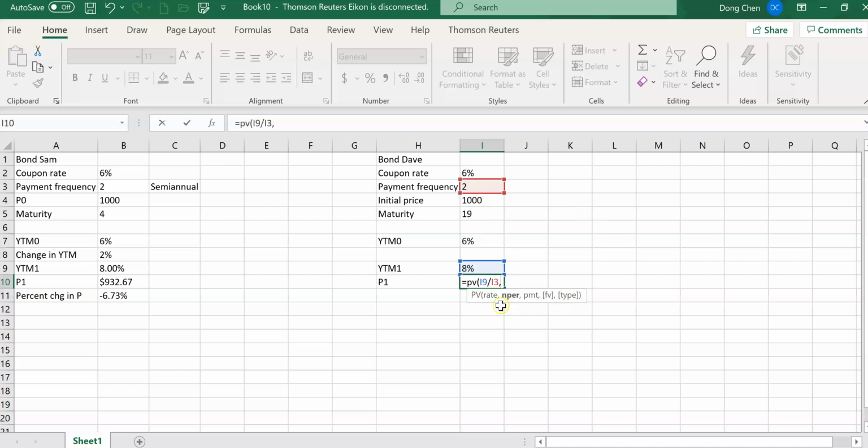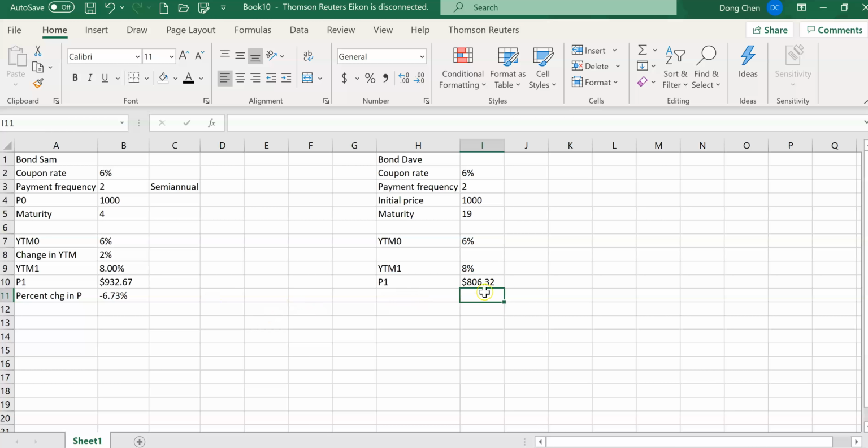And the second argument is the number of payments, so that's basically the maturity times this payment frequency. And then the payment, the third argument here, is the coupon payment, so that's the coupon rate times 1,000, and then divided by the payment frequency here. And finally, the future value, negative $1,000.